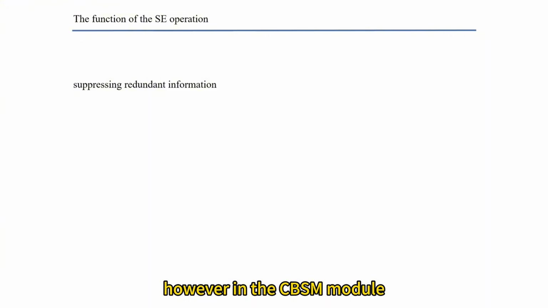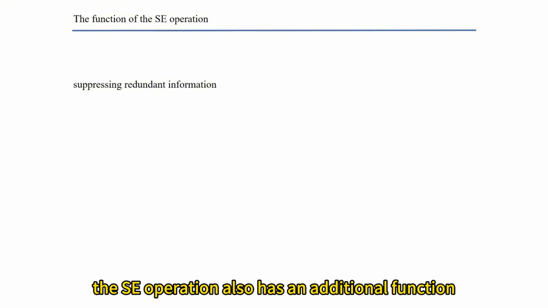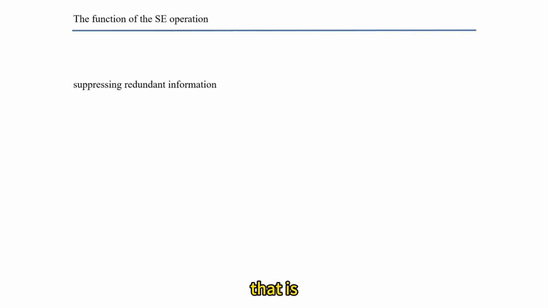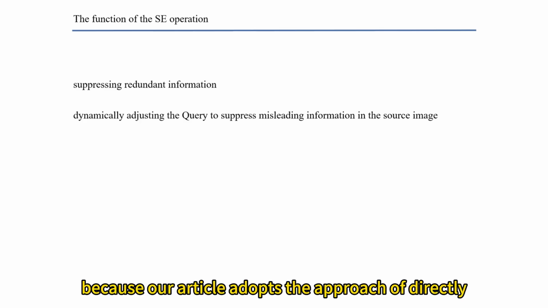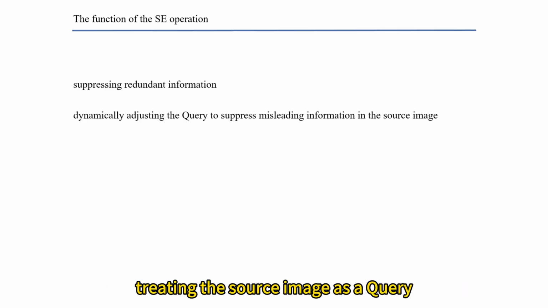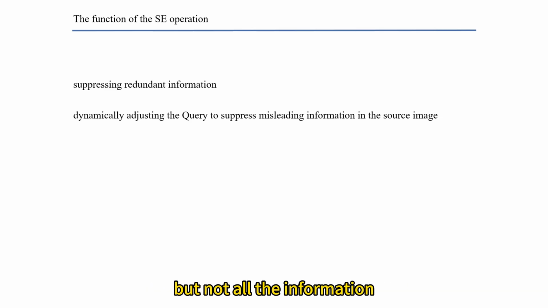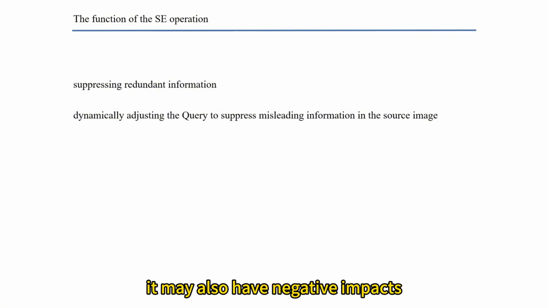However, in the CB Sim module, the SE operation also has an additional function, that is, to suppress misleading information in the source image. Because our article adopts the approach of directly treating the source image as a query, but not all the information in the source image is positive. It may also have negative impacts.